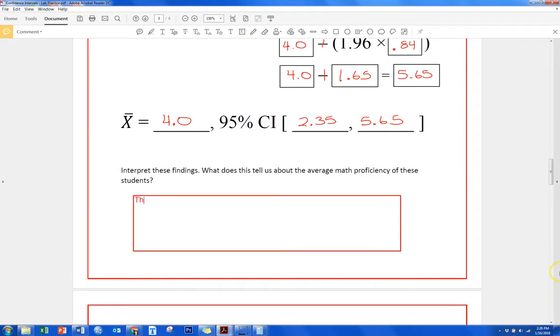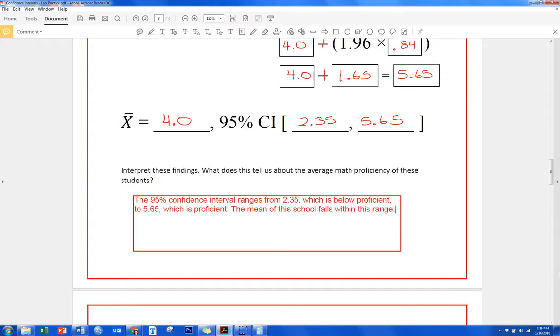So the 95% confidence interval ranges from 2.35, which is below proficient, to 5.65, which is proficient. The mean of this school falls within this range.